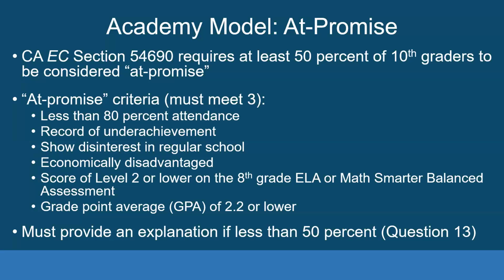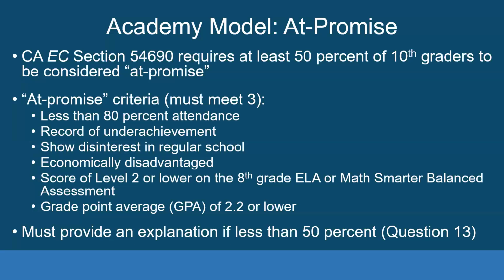Low attendance, record of underachievement, maybe disinterested in regular school, economically disadvantaged, lower scores on the Smarter Balanced assessments, lower GPAs. We really want to help these students feel connected, feel like they're part of something, feel like they have purpose and excitement about going to school.